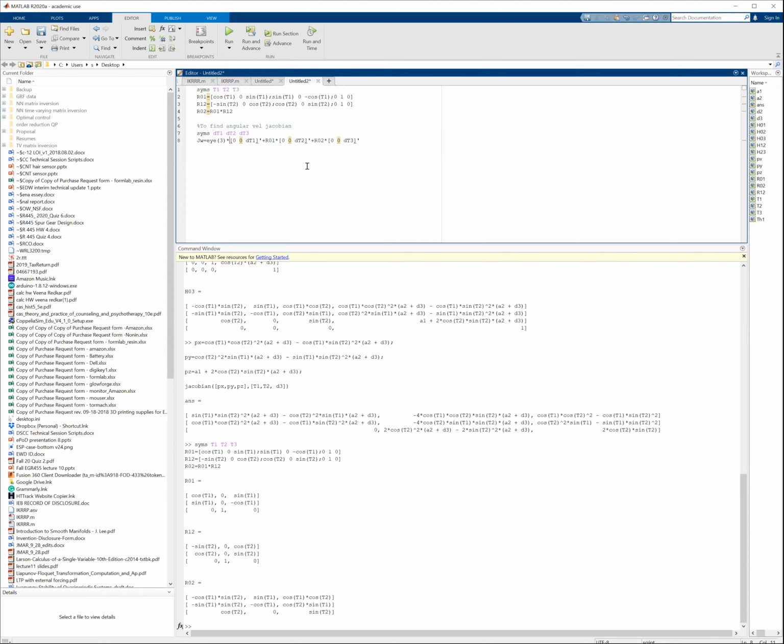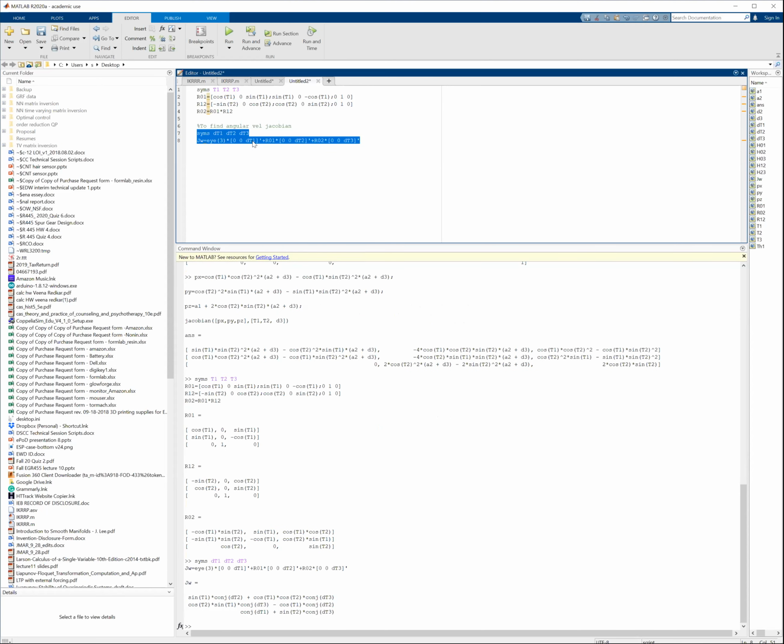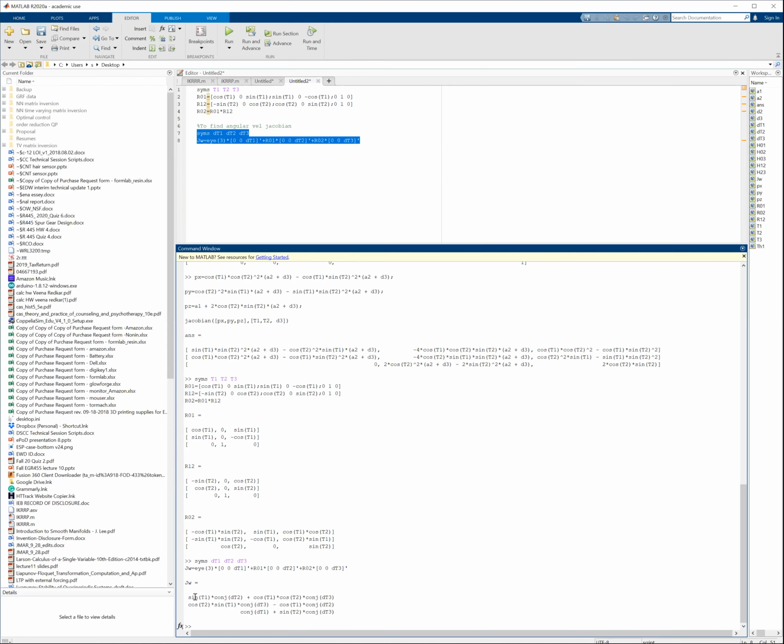So I multiplied by R01, R02, and this is my answer.